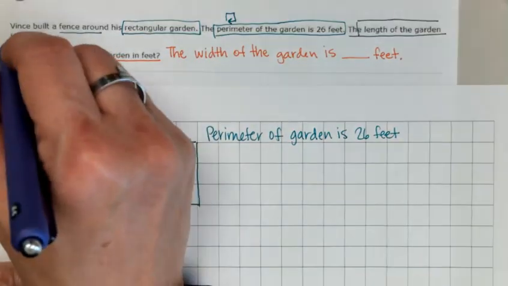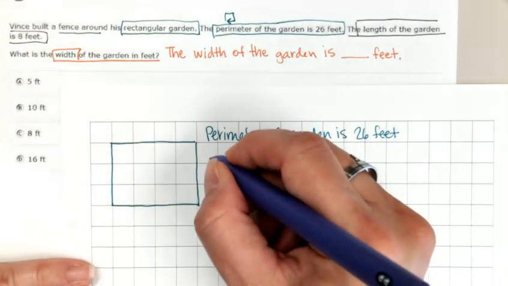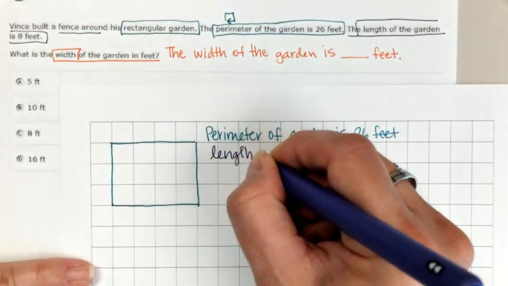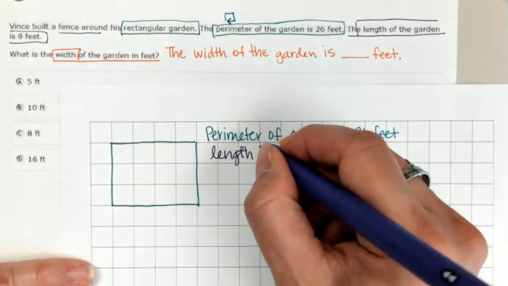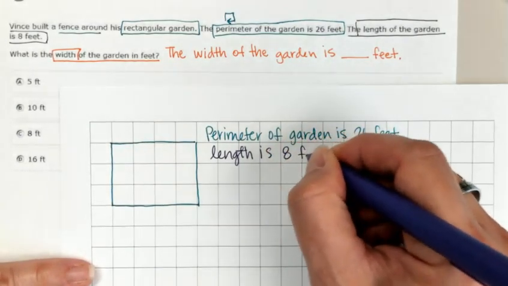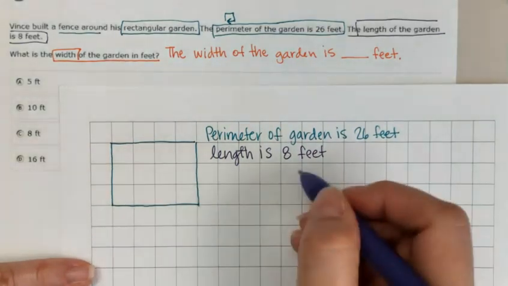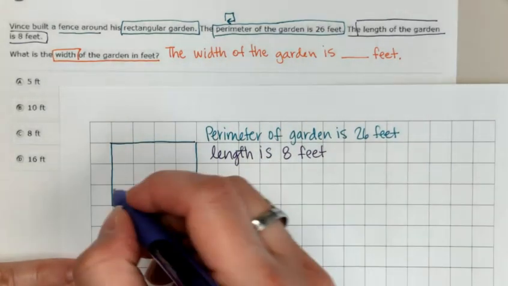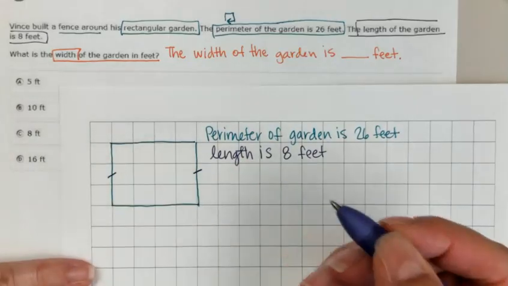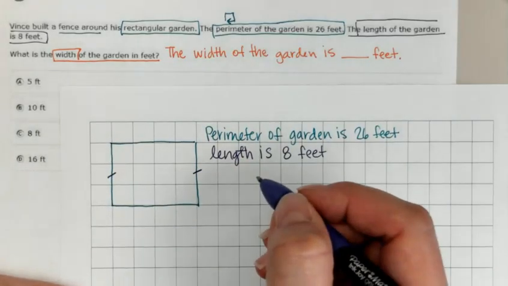The length, so we're getting new information here. The length of the garden is 8 feet. Let's write that information down so we know the perimeter is 26. The length is 8 feet. So on my shape, I know that when I'm talking about a rectangle, I'm going to have two sets of equivalent sides.